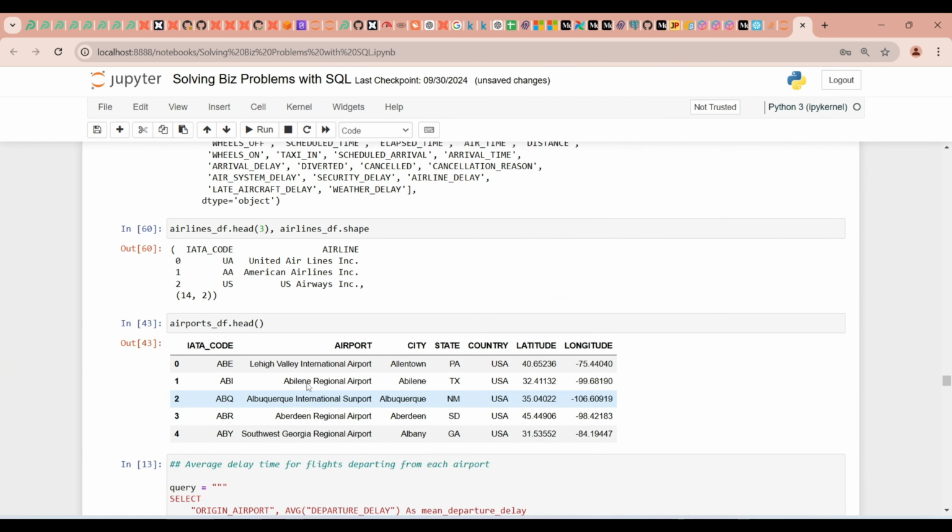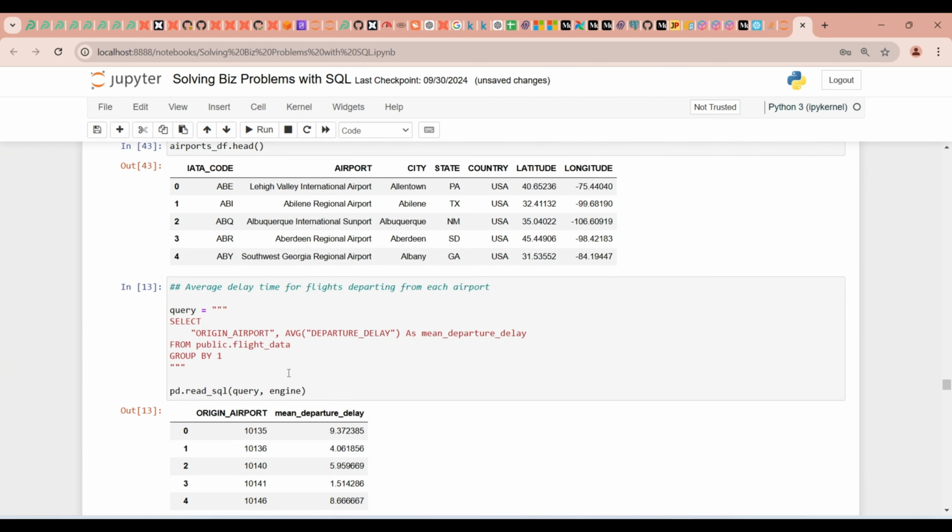For the first one, the average delay time for flights departing from each airport, let's look at the origin airport, because departing from each airport means the airport is the origin, where the flight is coming from. So what is the delay in time for the flights departing from a particular origin?